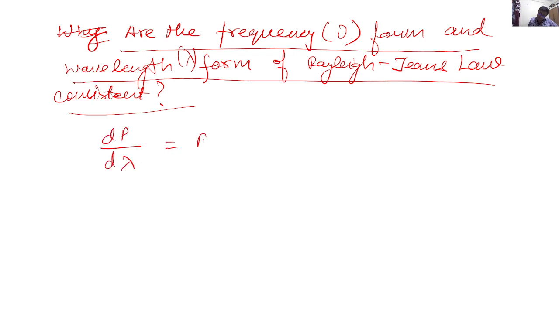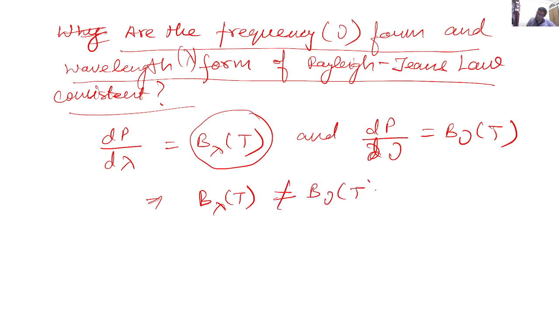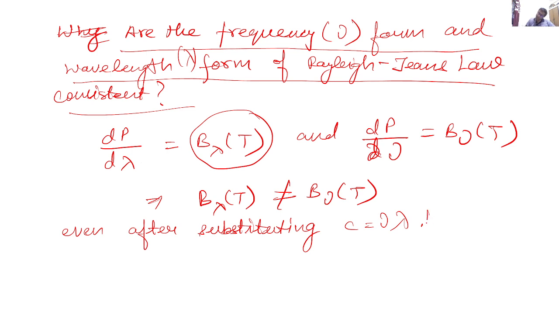So dP by d lambda is B lambda T, which is the wavelength form of the Rayleigh-Jeans approximation, and dP by d nu is B nu T. So it is very clear now that B lambda T and B nu T will not have the same units, and hence they are not strictly equivalent, even after substituting c equal to nu lambda.